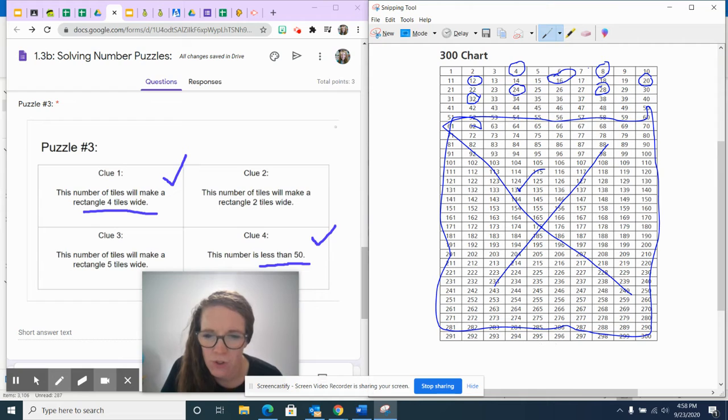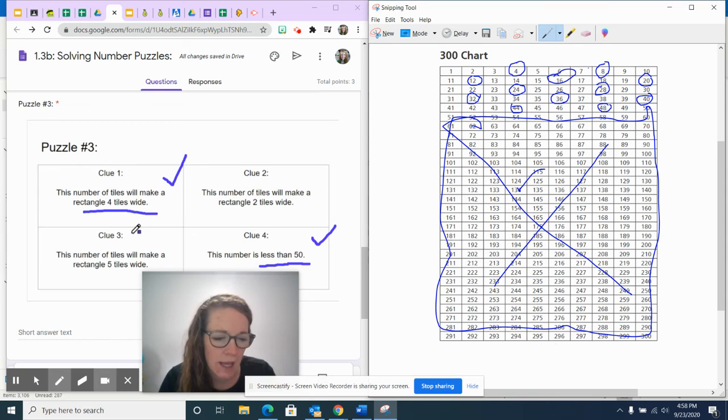And guys, if you don't know your multiples of 4, you can just count by 4 and you can figure it out that way. 36, 40, 44, 48, and then the next one would be 52, and that's too big, because it can't be bigger than 49. All right, so those are what we've narrowed it down to, those circled numbers.